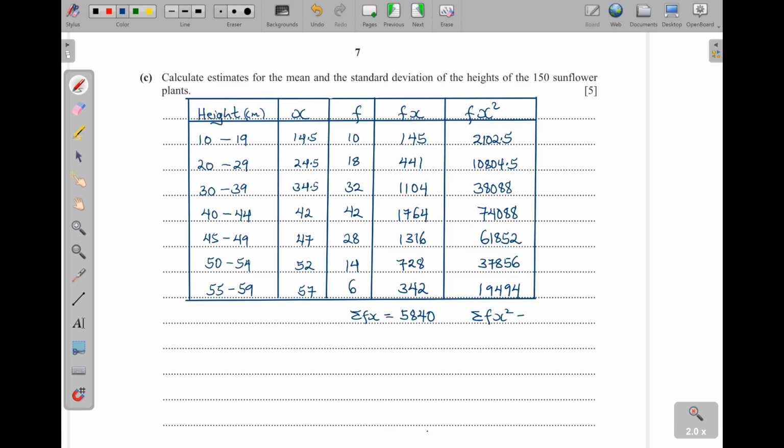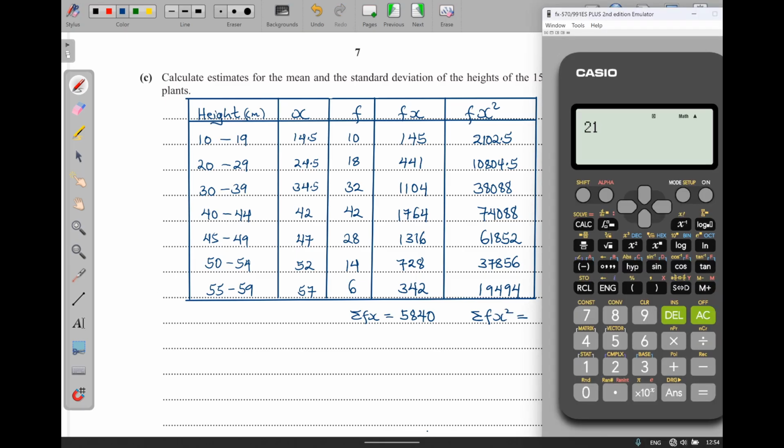Summation of fx squared is equal to 2102.5 plus 10804.5 plus 38088 plus 74088 plus 61852 plus 37856 plus 19494. So we get 244285.